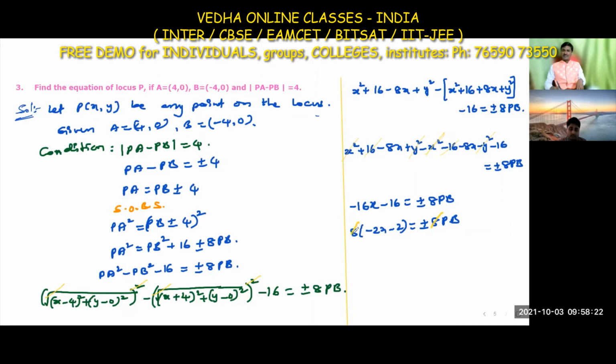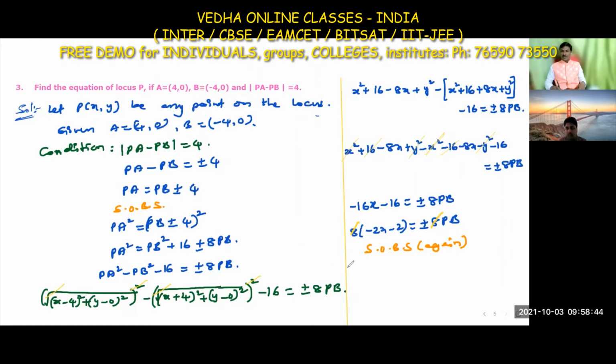For the remaining terms, again we are going to apply a minus b whole square, squaring on both sides, applying once again. So squaring on both sides again. Okay, so here 2 times we square on both sides.